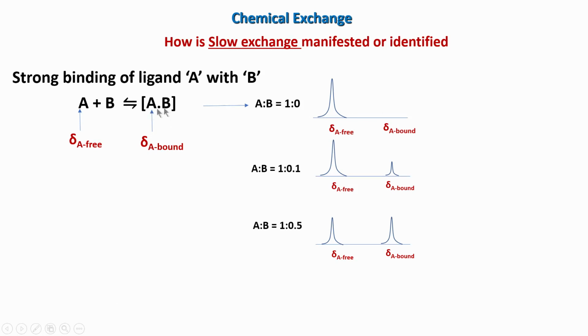So, the AB population is now 0.5 in some units, whatever the units be, but A also is 0.5, because half of A has reacted with B and half of A is free. Now the intensities of these two peaks become equal, because they have the same population, and NMR basically reflects the population.